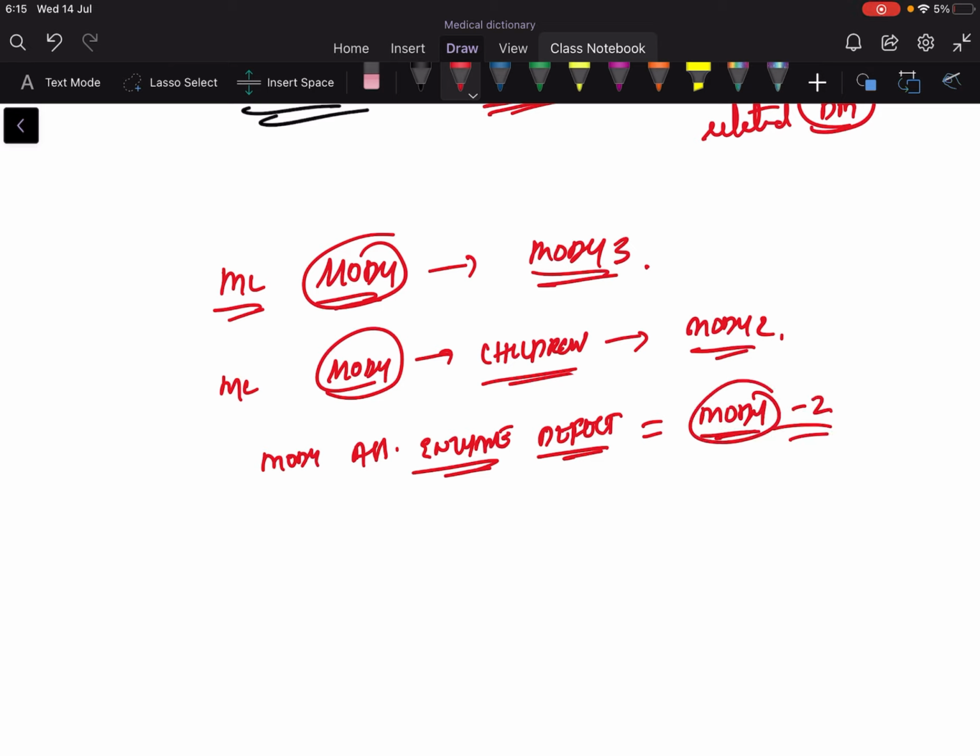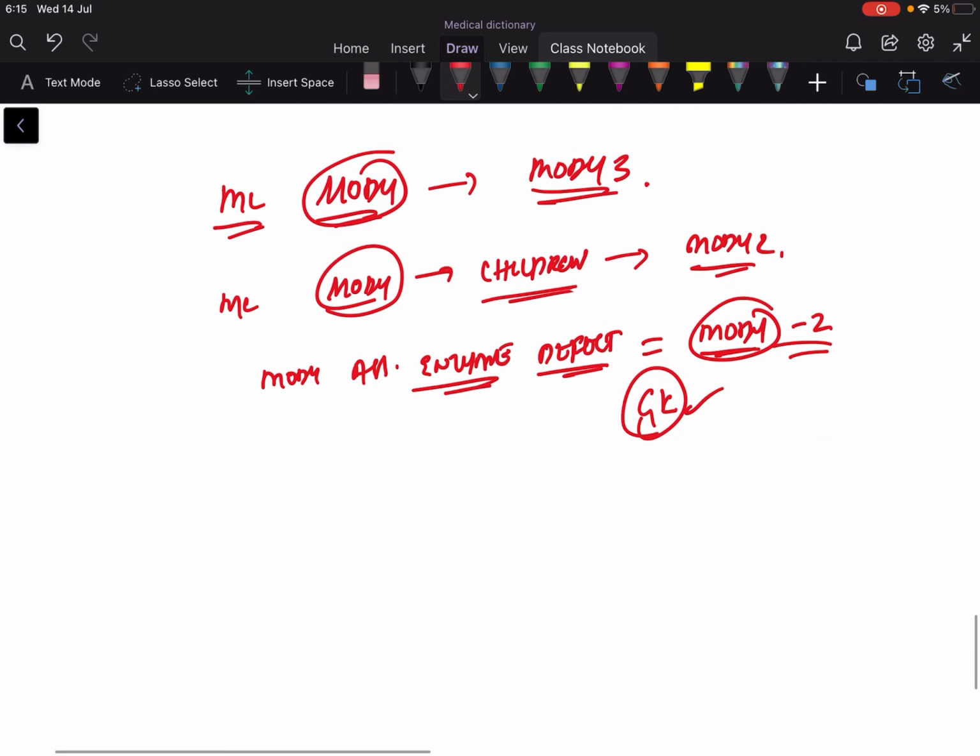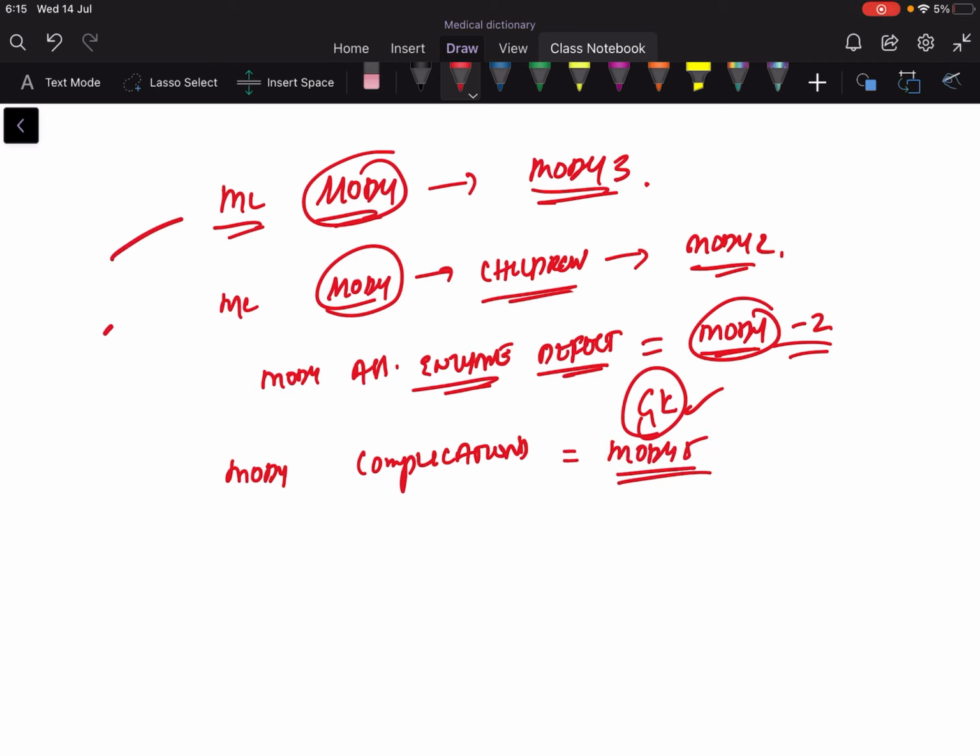What was the enzyme defect here? Glucokinase, right? And MODY associated with severe complications, that is MODY5. So these were the important things you should know to answer for your exams.